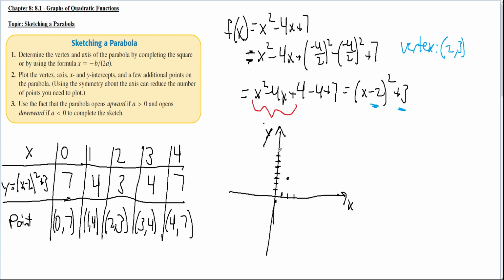Okay, good. So right here I'm going to color these in a different color, because black on black obviously we're not going to see. So orange is the new black. We have 0, comma 7 right there, and then if we go down to our next point, we go over to 1 and then up 4.